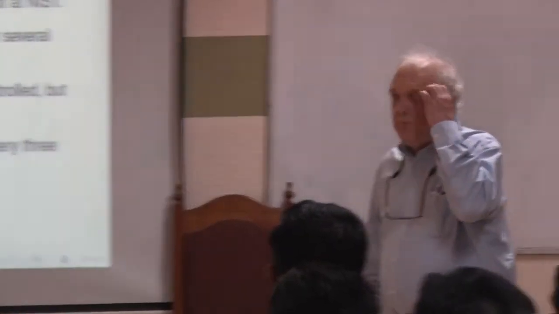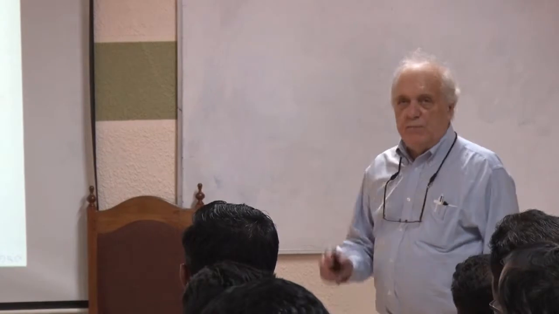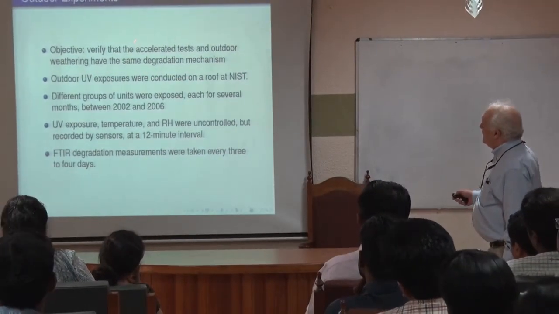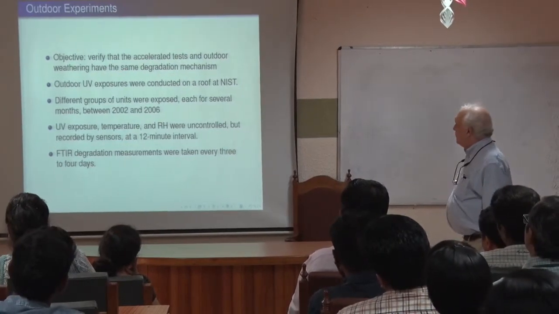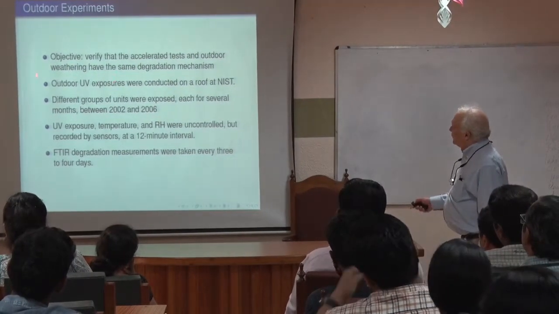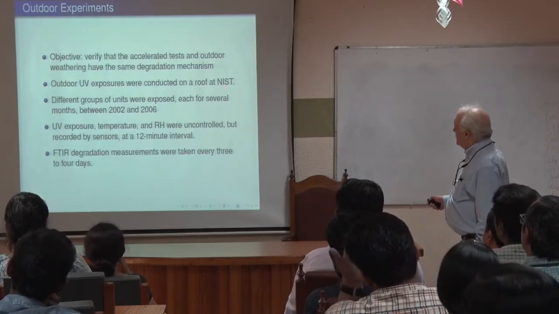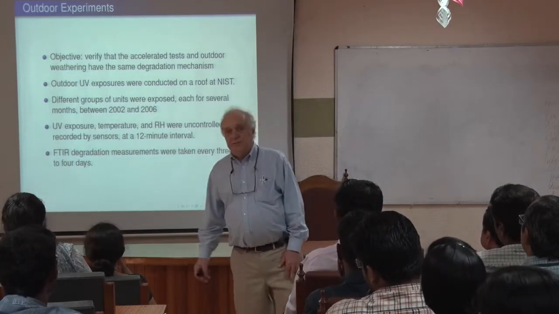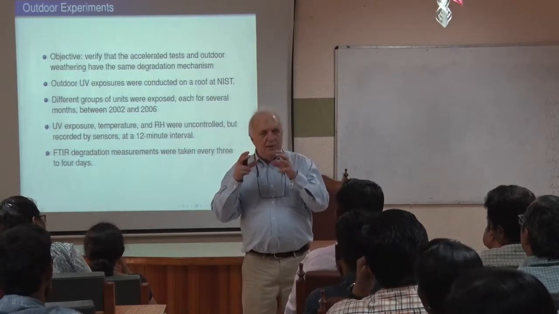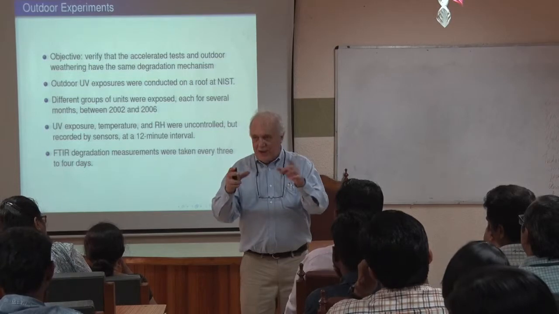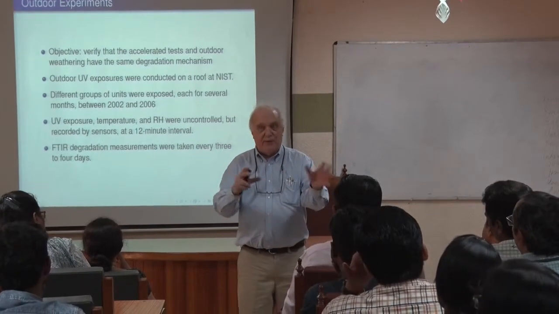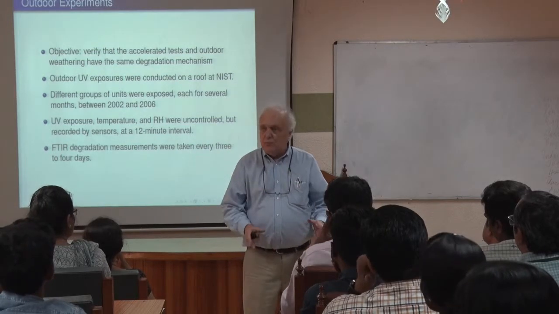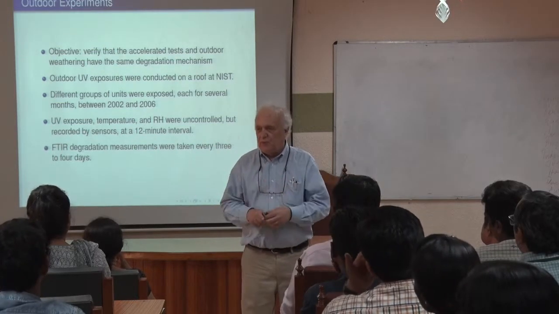This is the outdoor experiment, which I've already mentioned and talked a little bit about. The basic objective is to see if the indoor test can predict the outdoor results. So these were conducted on the roof of a building at NIST, and the scientists there were very busy because they were periodically taking the lab specimens and having to do the FTIR, that's labor intensive, and then every 3 or 4 days they would bring down the specimens from the roof and do the chemical analysis as well.